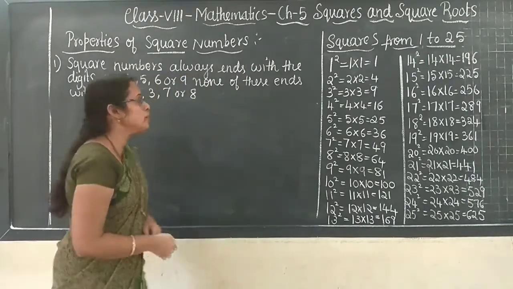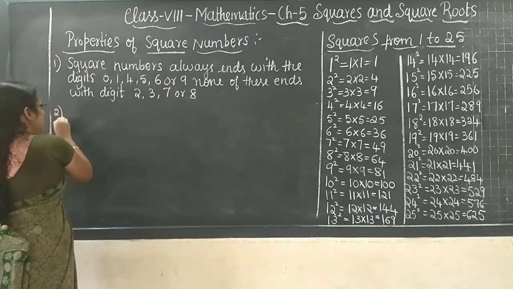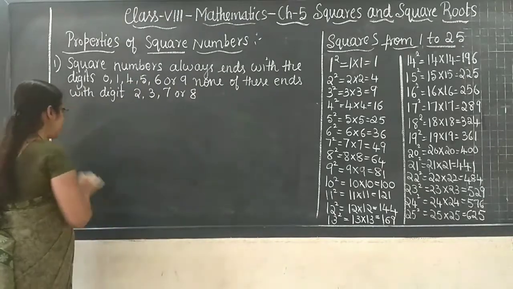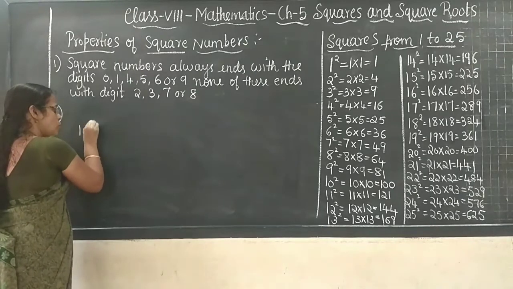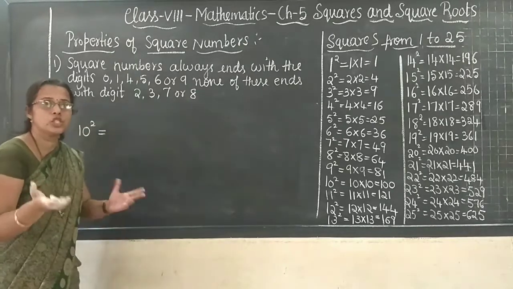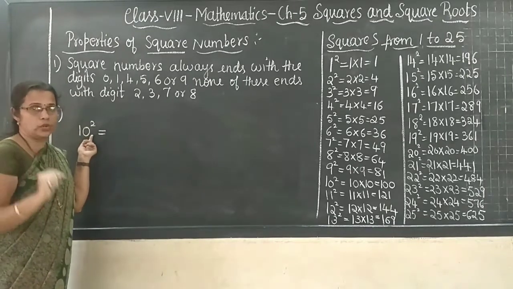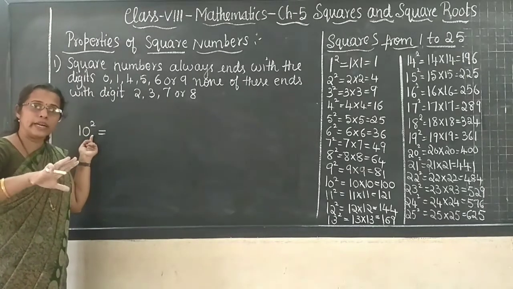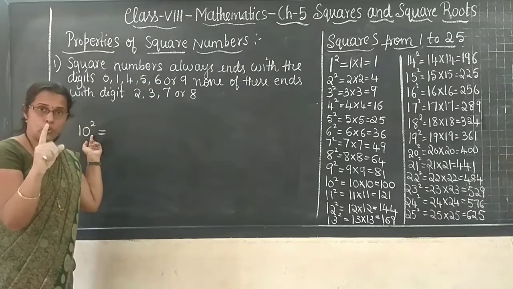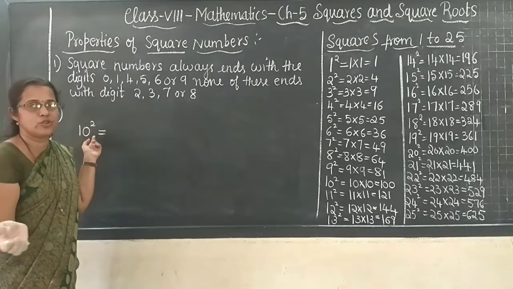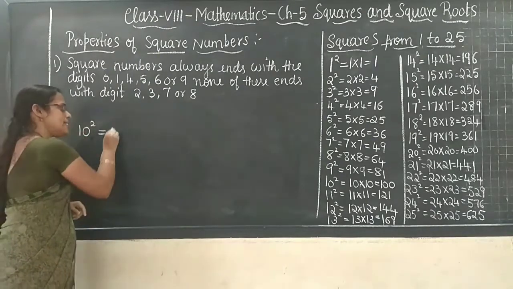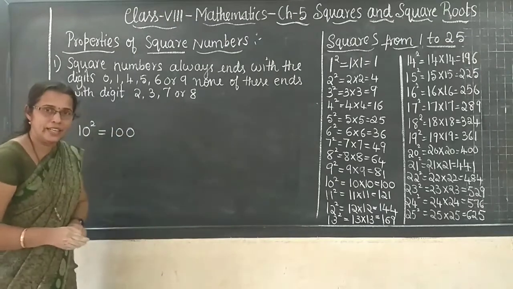Second property says what, children? If you take one example, take 10 square, which is 100.